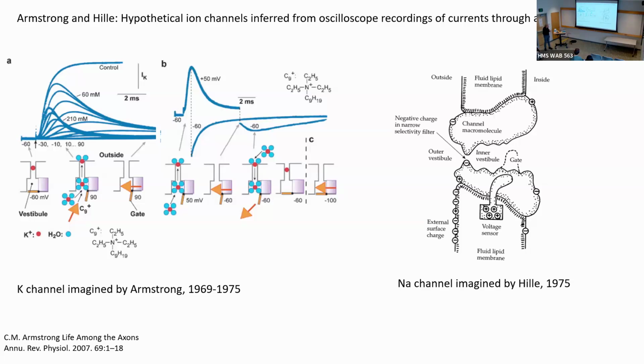And so it would have to wait for the blocker to come out before the channel could close, and that's why he saw this inward current that was flowing as the blocker came out and the channel conducted. It's amazing. It was all imagined, right? But it was correct. And he convinced himself it could only work if it were a channel, and everything made sense.